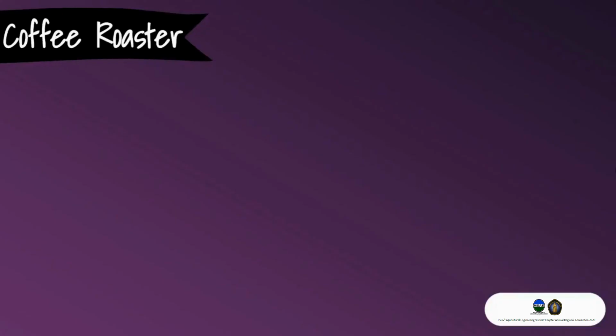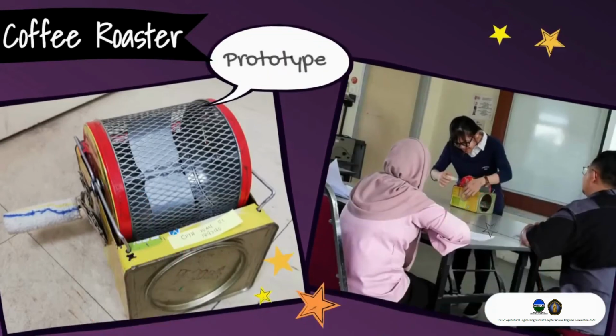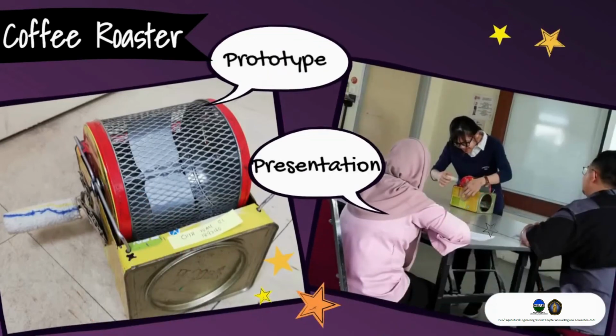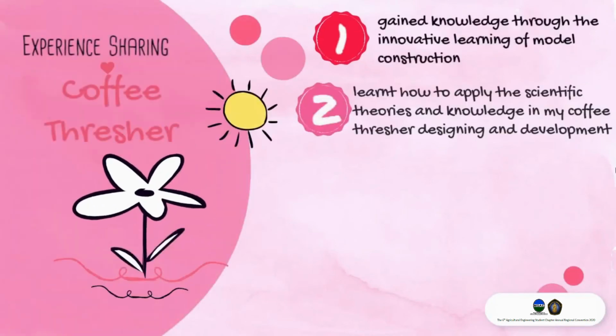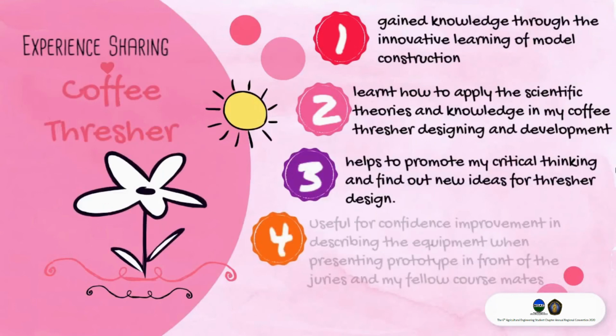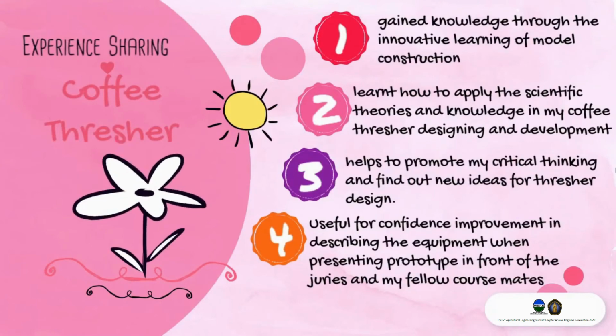This is the coffee roaster prototype, and also during the presentation of the model. So, what can we share from the experience through the coffee thresher model development? First, we gain knowledge through the innovative learning of model construction.